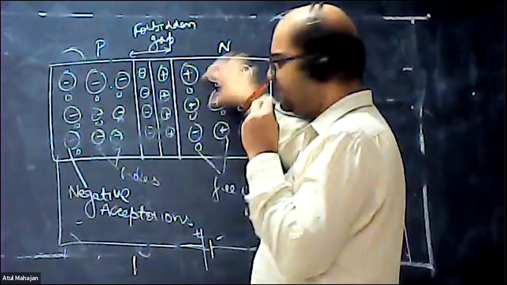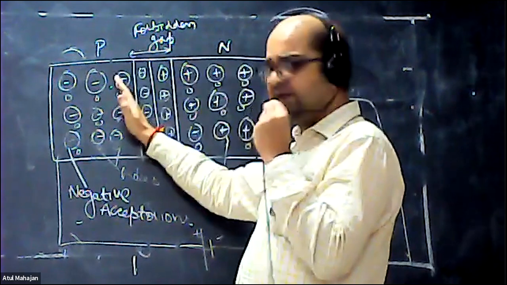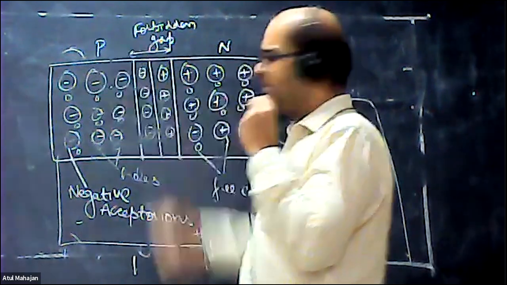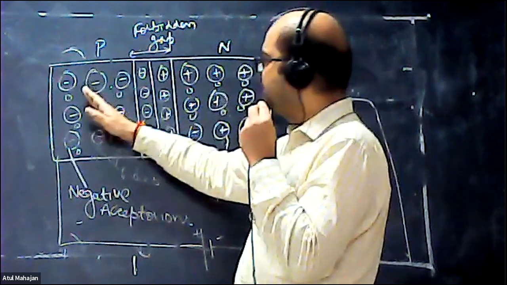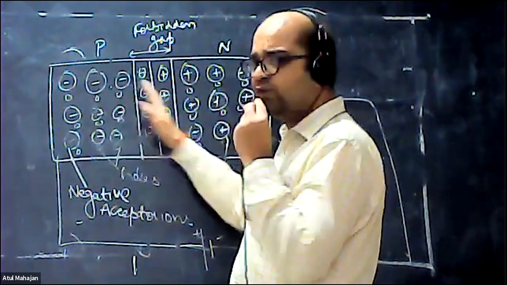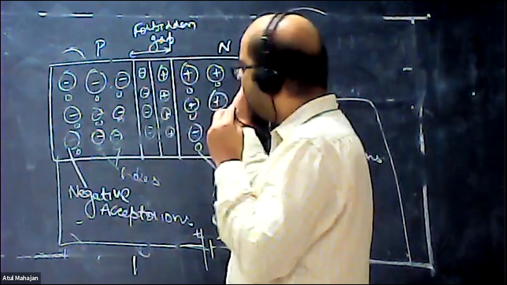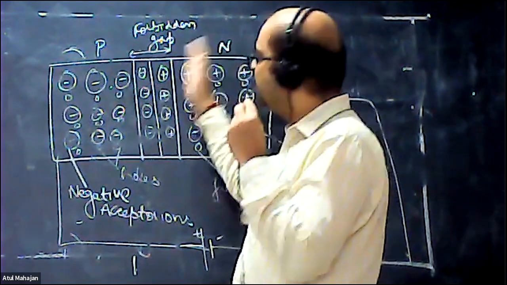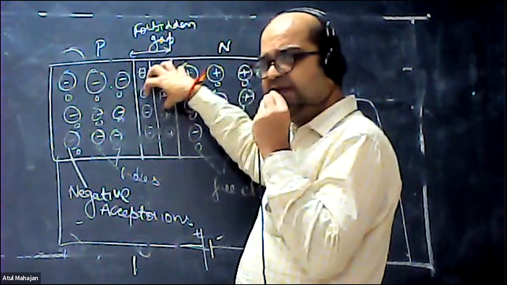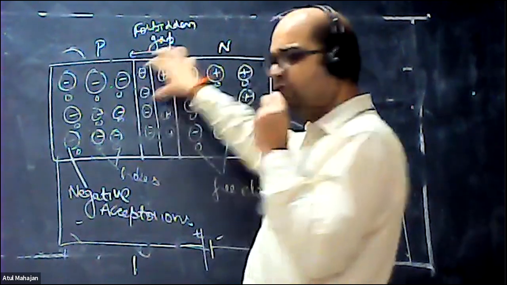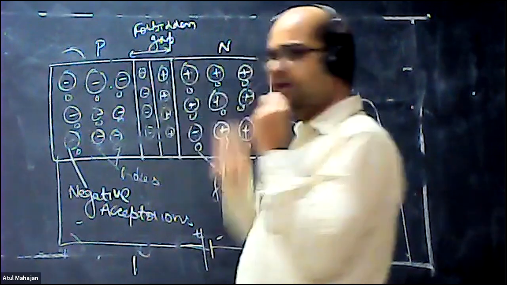From the N side material, they will be moved towards the P side and will be accepted by these. We can see here that the acceptor ions are moving from the P side towards the N side, and the donor ions are also moving from the N side towards the P side, and they accumulate near this forbidden gap. This depletion layer or forbidden gap is accumulated over here.